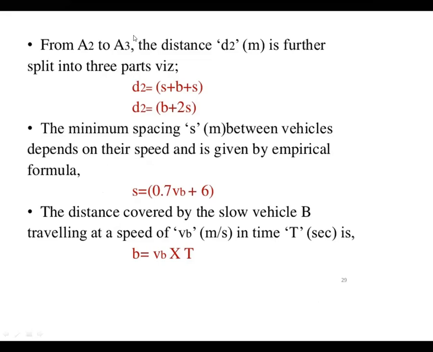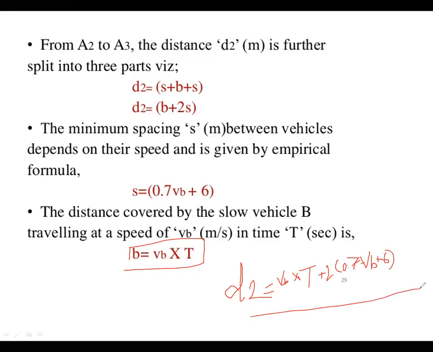So the formula for D2 becomes VB into T plus 2 in bracket 0.7 VB plus 6.